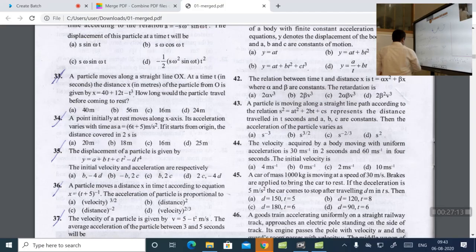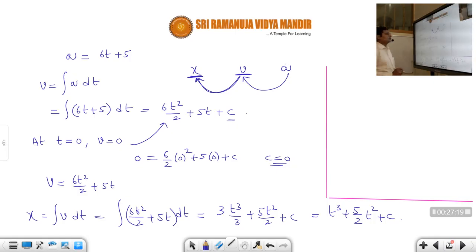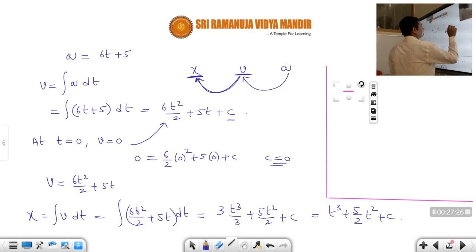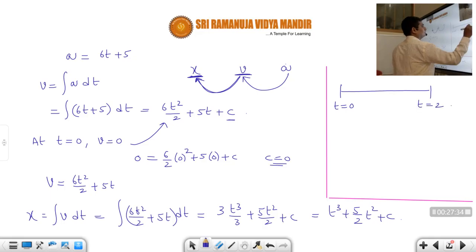Okay. Now what they are asking, the distance covered in 2 seconds. Now distance covered, or we can also call it displacement covered. Correct or not, students? Displacement covered. Okay. So suppose let's say the body is traveling here from t equal to 0 to t equal to 2 seconds.